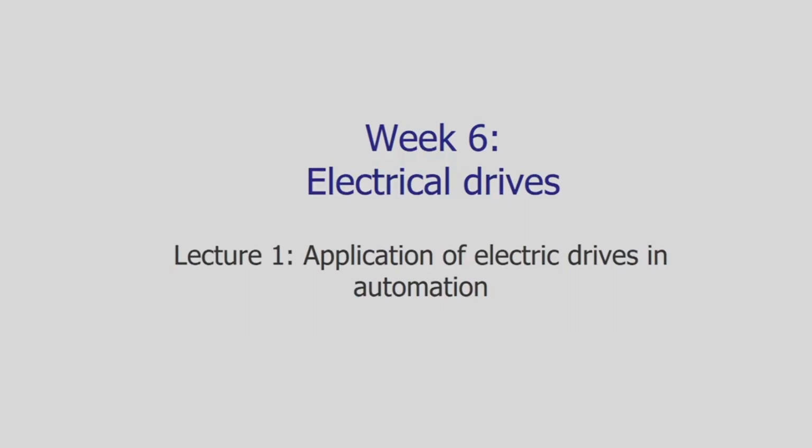Let us move ahead and look at the next building block of the automated system, and that is the drives. To provide motion to the various linkages and elements of an automated system, we need energy. And how to apply this energy with precision and with control, that is nothing but the drives.